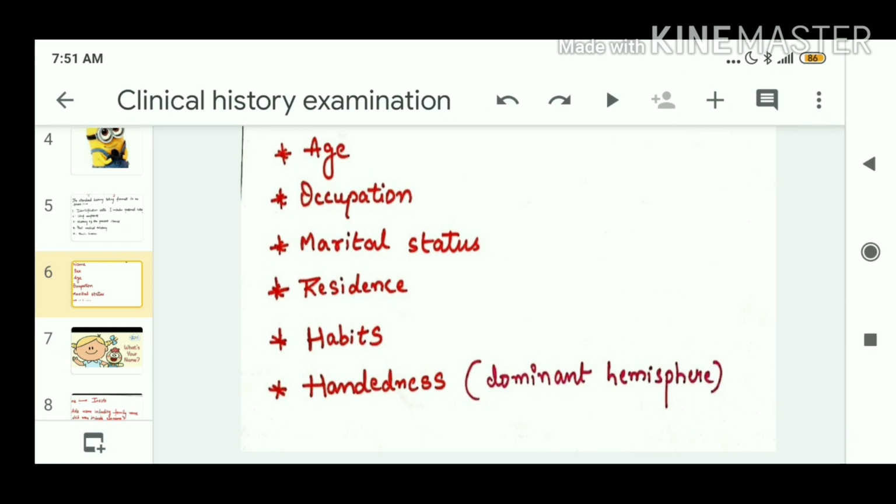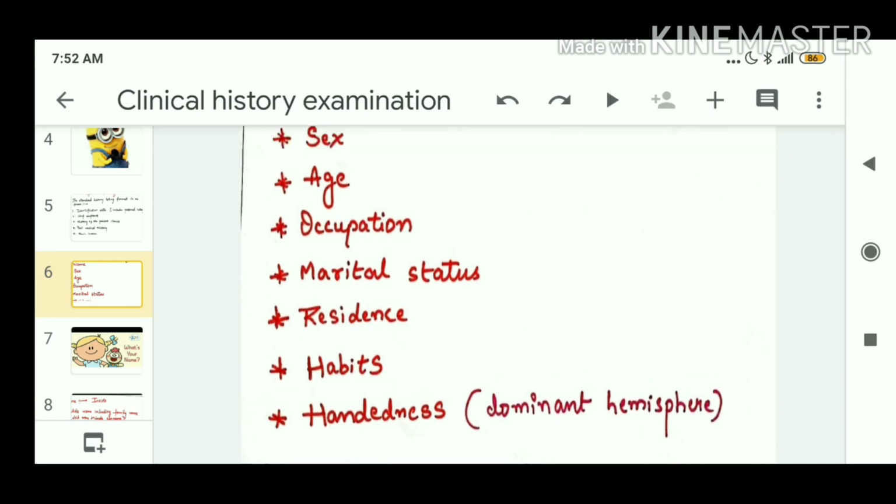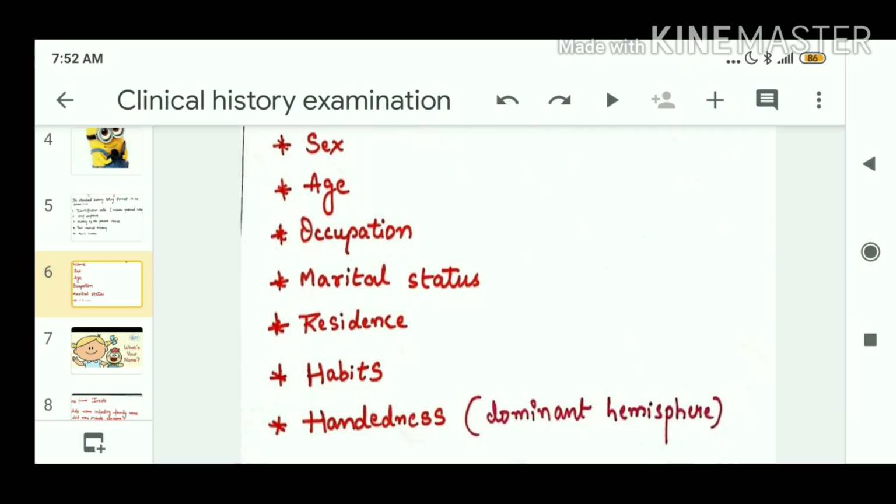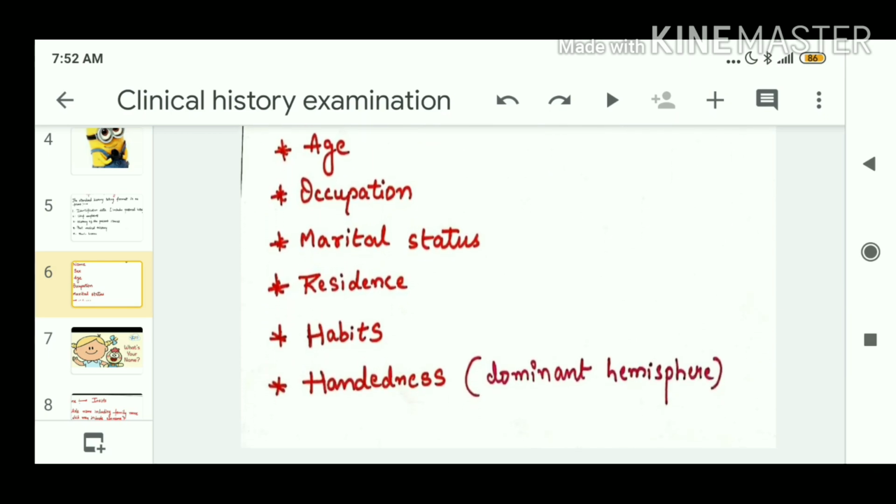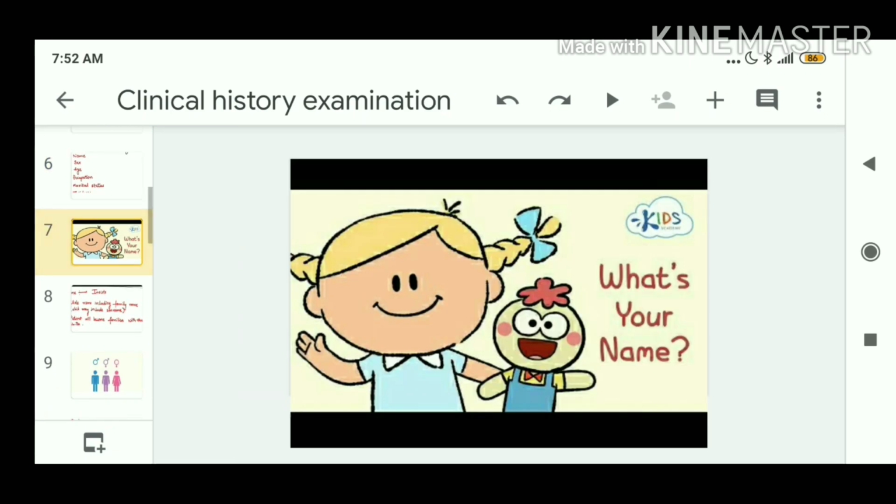If the patient is right-handed, then his left hemisphere will be dominant, and if the patient is left-handed, then his right hemisphere will be dominant. Try to remember it in the sequence itself. And all of this has its own significance, as you came to know now.